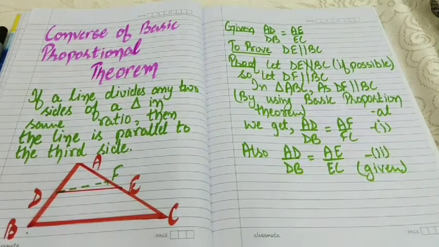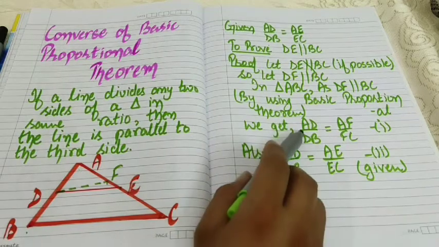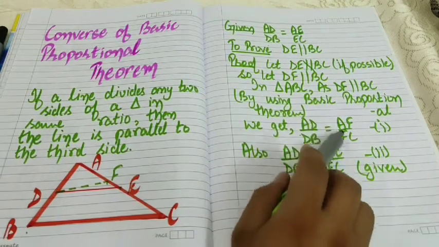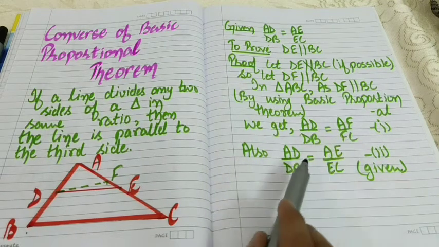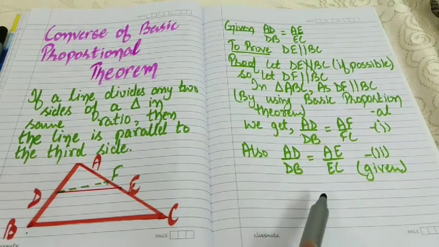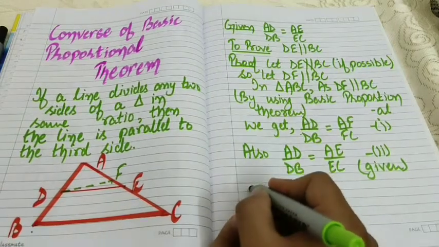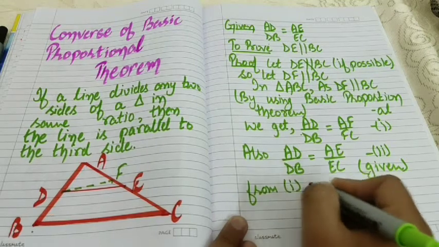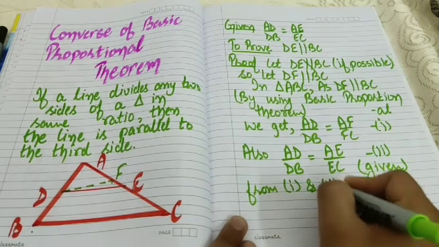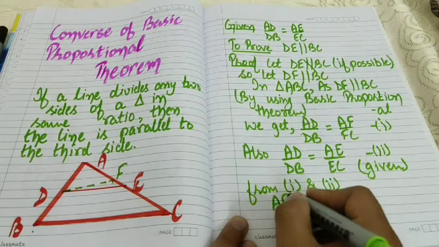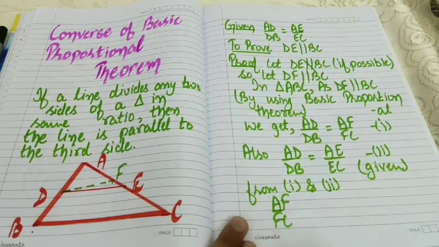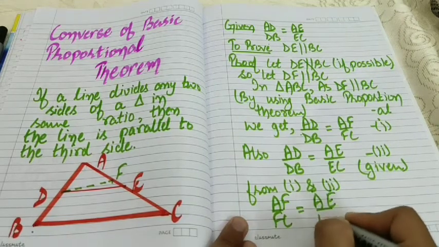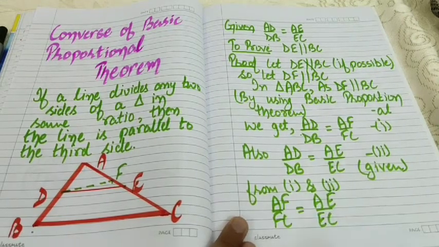So from 1 and 2, since the left hand side of 1 and 2 is same, we can conclude that AF divided by FC is equal to AE divided by EC.